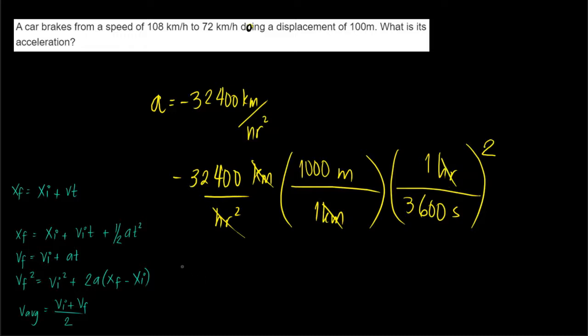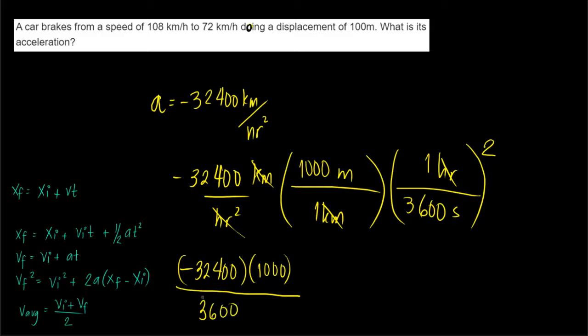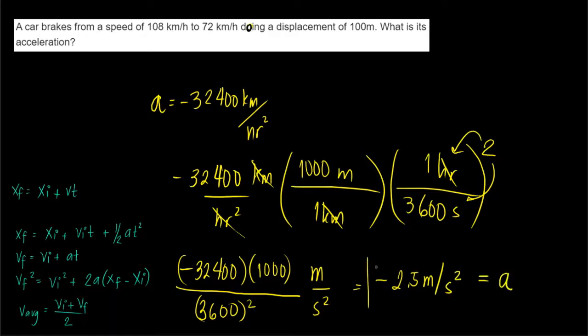And then, what you input in your calculator is negative 32,400 times 1,000 over 3,600 squared. Don't forget the square. The units are meters per second squared. Supposedly, the value you get is negative 2.5 meters per second squared. This is the acceleration of the car in our problem.